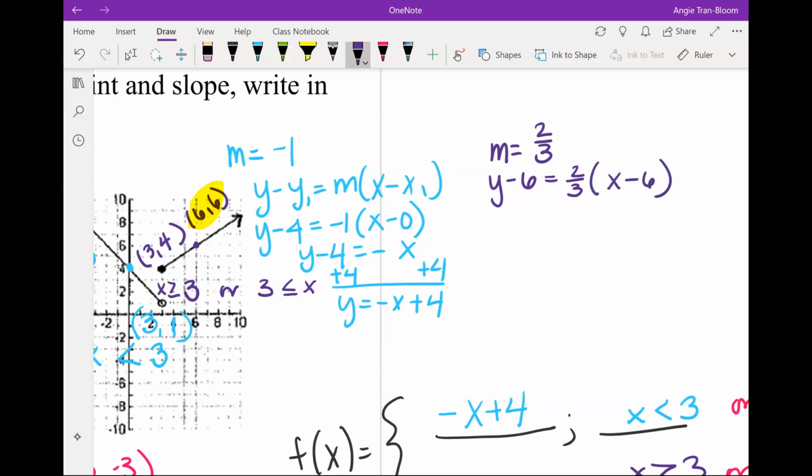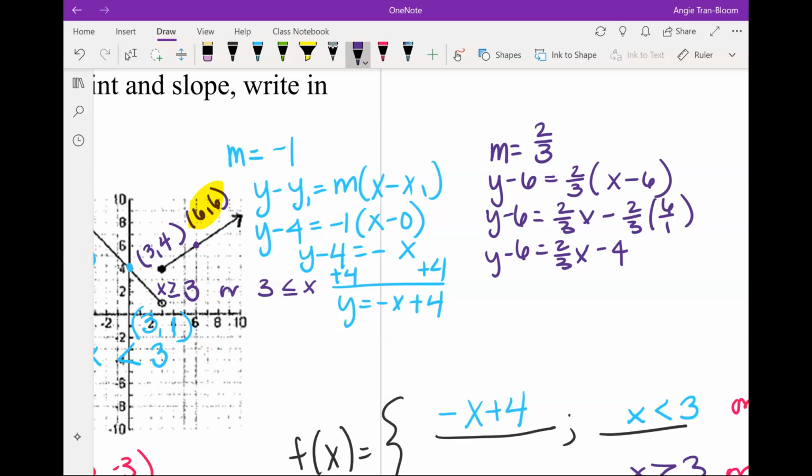Very good. Okay, guys, go ahead and help me distribute out the 2/3. Equals 2/3 x minus, this is really 2/3 times 6, right, guys? 6/1, which is what? 4. So that's going to be 2/3 x minus 4.